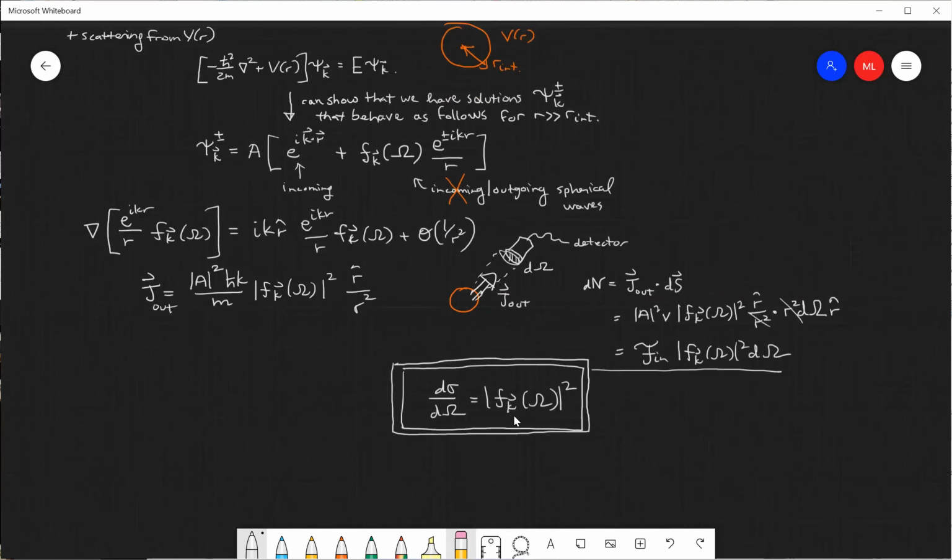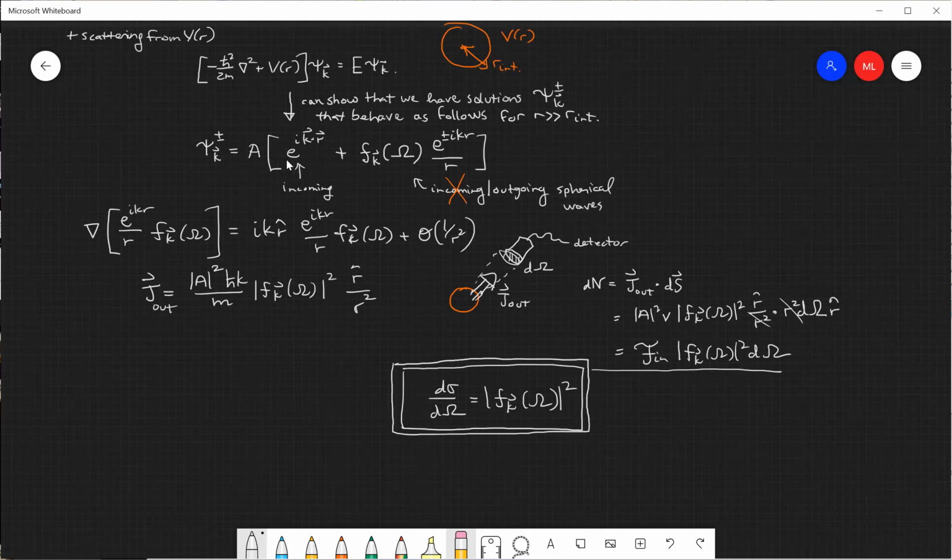And again, the idea here is that this is a function of the incoming momentum, and then you're looking at the solution. So it's a kind of funny solution. The k vector refers to the incoming momentum, and then you're looking at this solution at some angle omega that's away from the incoming direction.